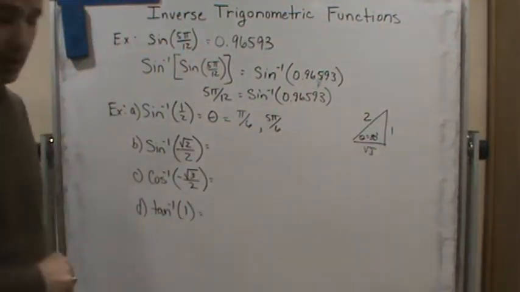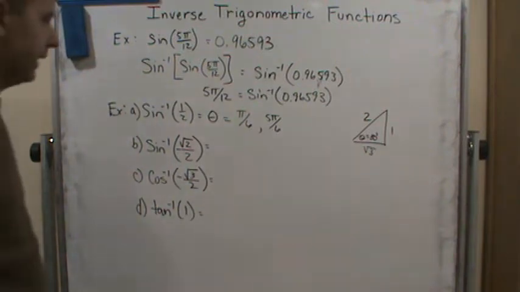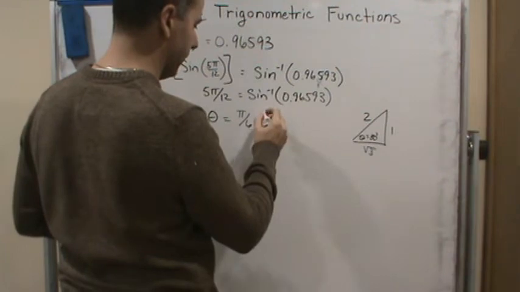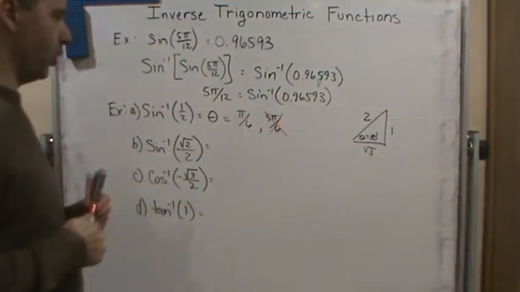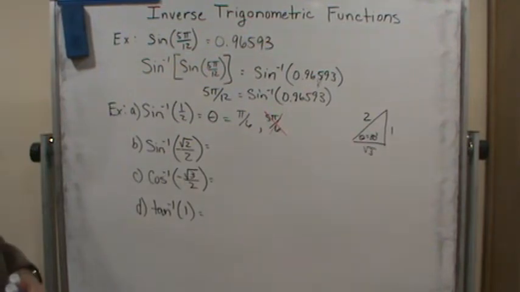That 5 pi over 6 is not acceptable, right? Because it's outside of the restricted domain. So in this case, it's going to be pi over 6.